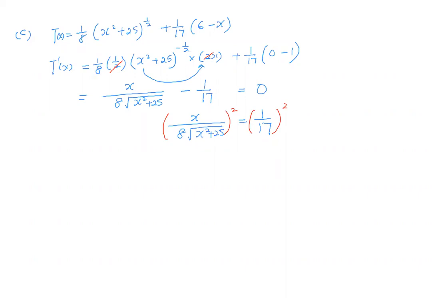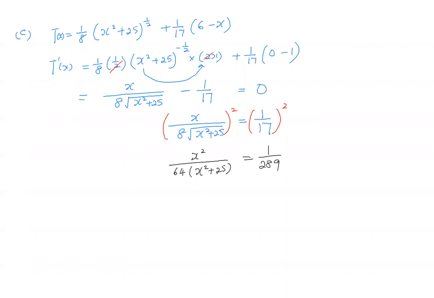Do you think if I don't have a calculator, I can solve this without finding 17 squared? I will do that first because you have a calculator. So I put x squared over 64 times x squared plus 25 equal to 1 over 289.